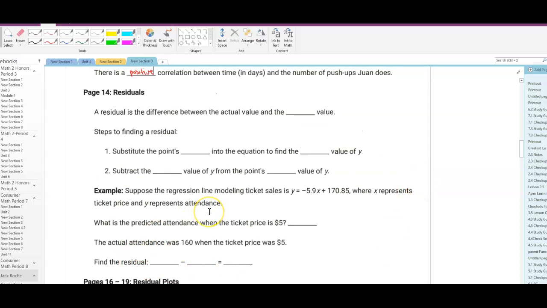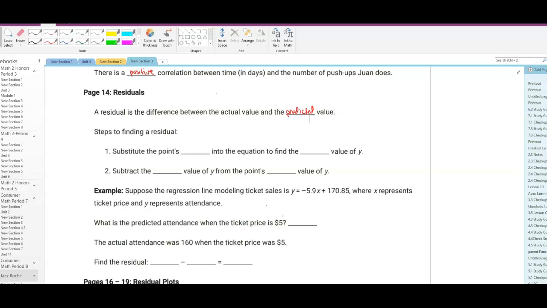All right, residuals. Anytime we talk about residuals, a residual is the difference between the actual value and the predicted value. Since we're not touching all of the points in the data, we determine how close that point is to the line using residuals.